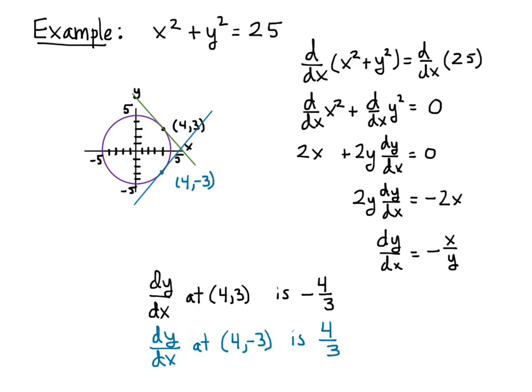Notice that there's no dy dx on the right side. We have just a single expression: the derivative of y with respect to x is the negative ratio of x over y.